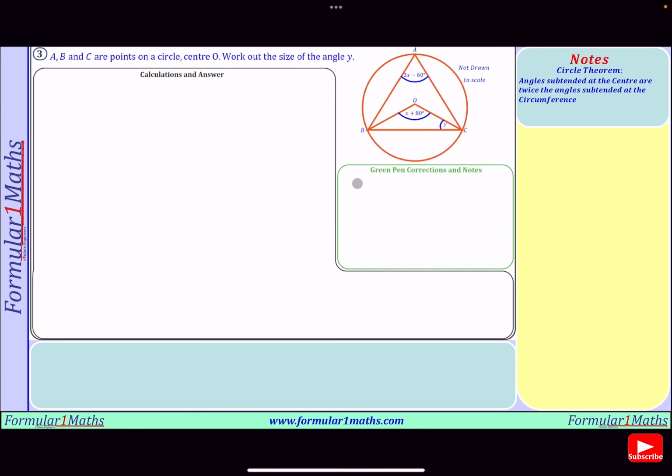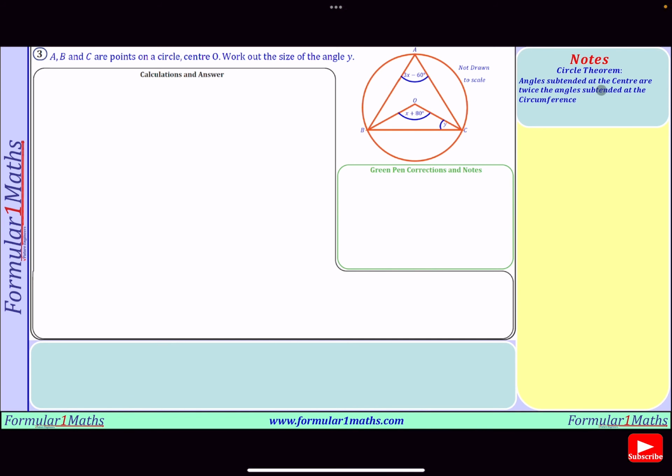One of the circle theorems states that angles subtended at the center are twice the angle subtended at the circumference. Looking at the diagram carefully, this chord BC or this arc BC subtends an angle x plus 80 at the center. The same chord or arc subtends an angle 3x minus 60 at A, at the circumference.